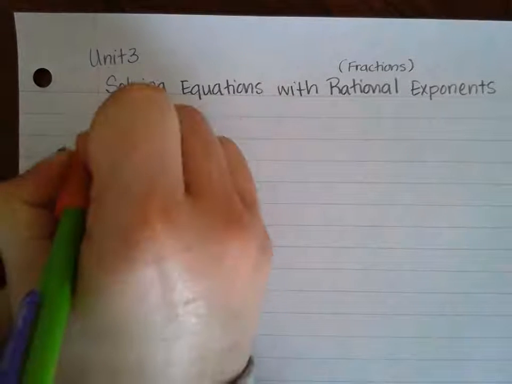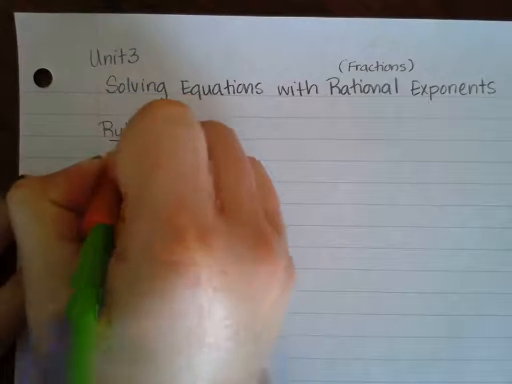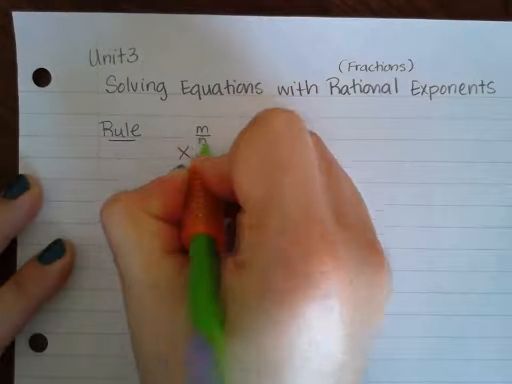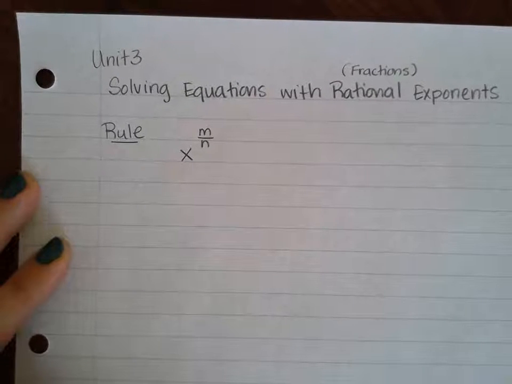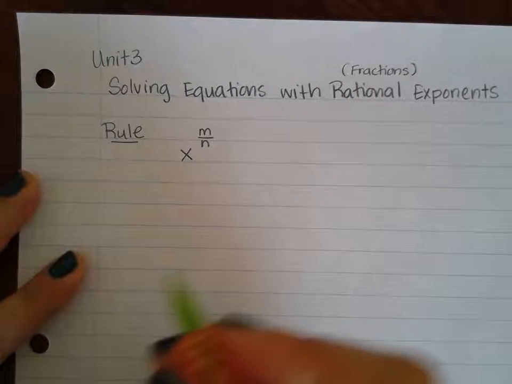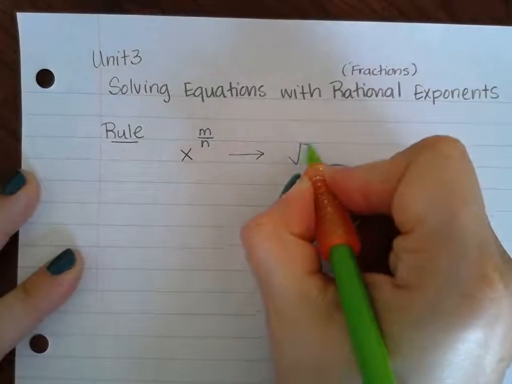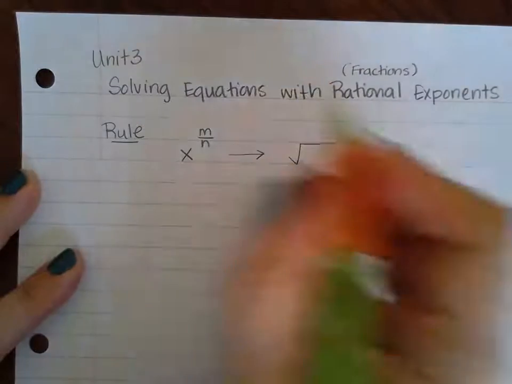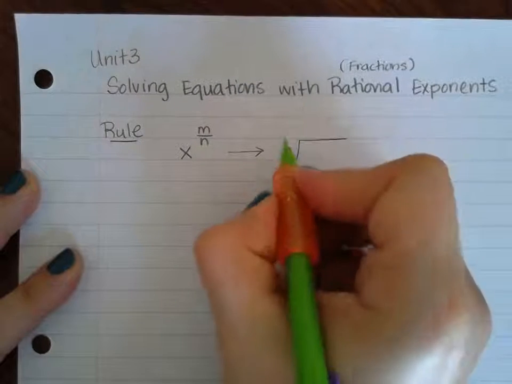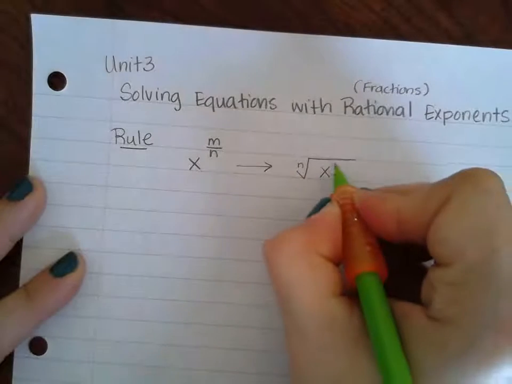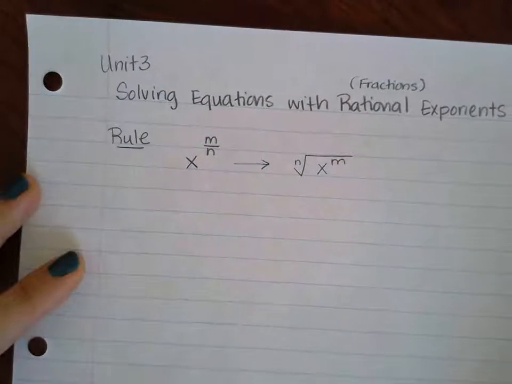So here's the rule that we need to remember. If you have any base raised to a fractional exponent, also known as a rational exponent, then to change that into radical form, it's going to look like this. You write the radical, the number that's in the denominator becomes the index, and then x can be raised to the m power, like so.